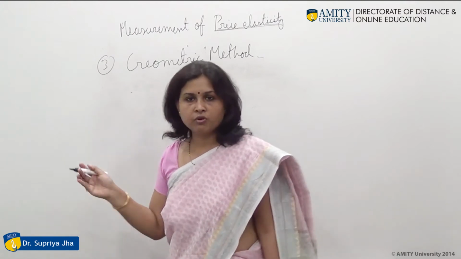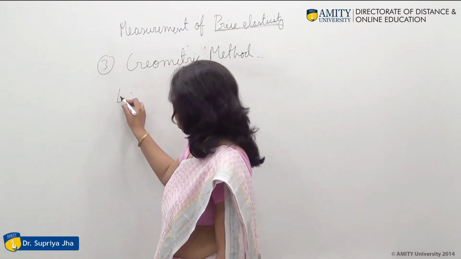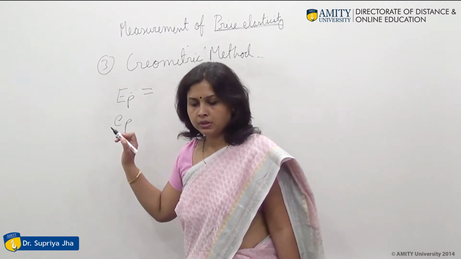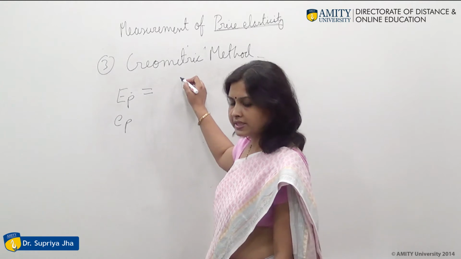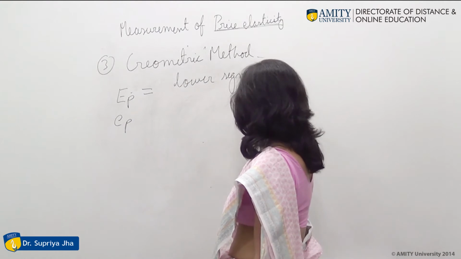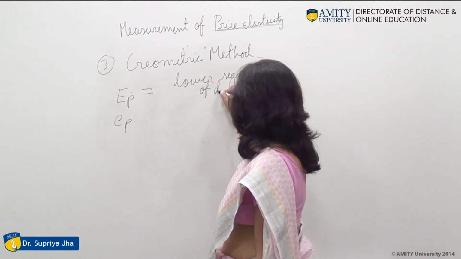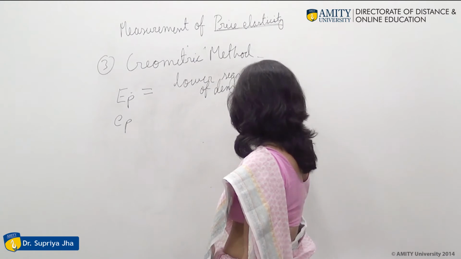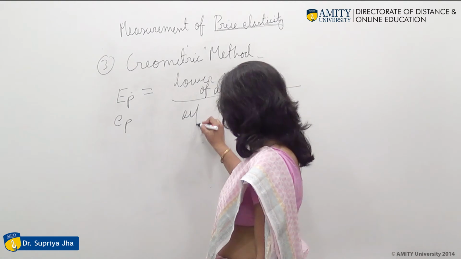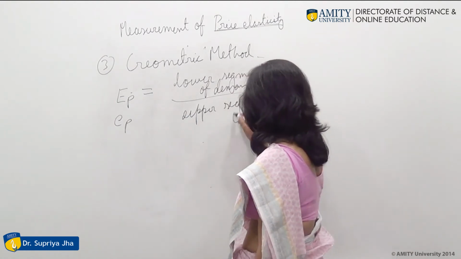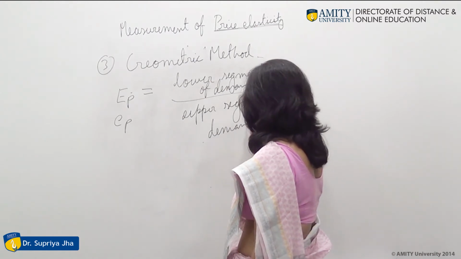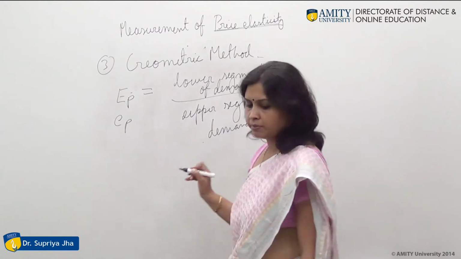The formula for calculating geometric method: EP, we can write capital letter EP, is equal to lower segment of demand curve divided by upper segment of demand curve.